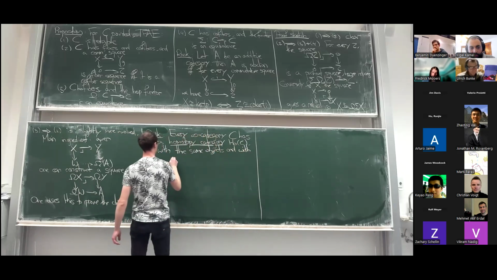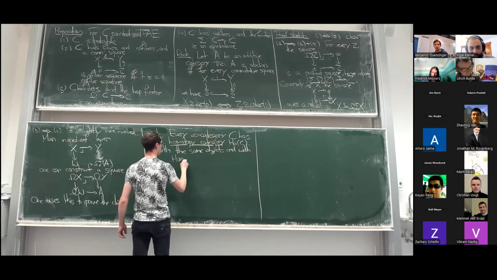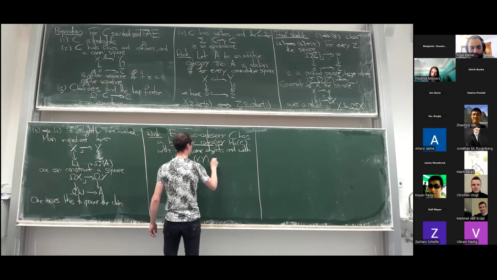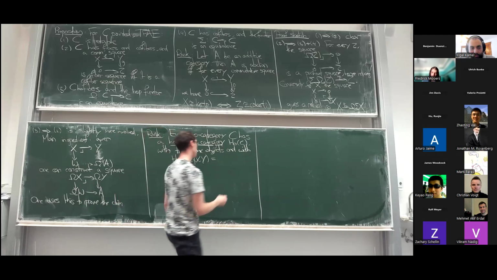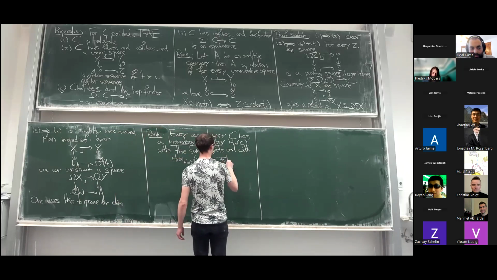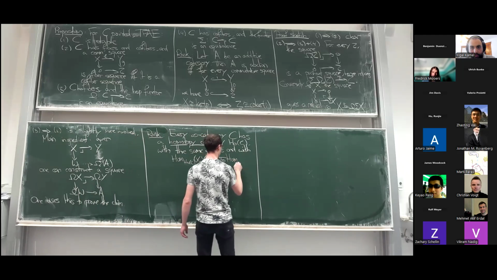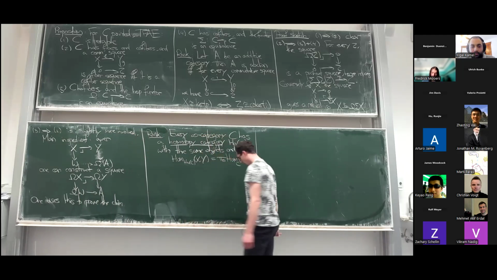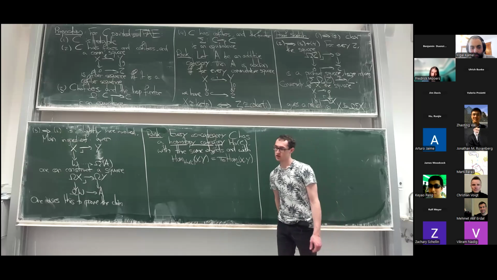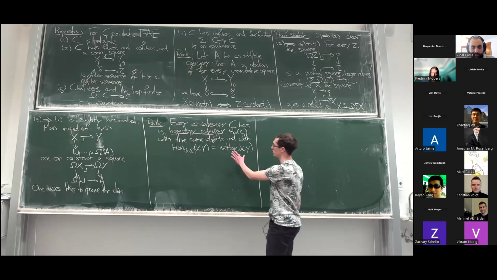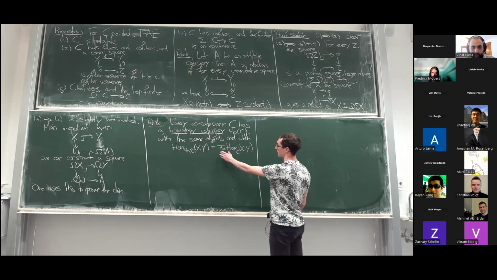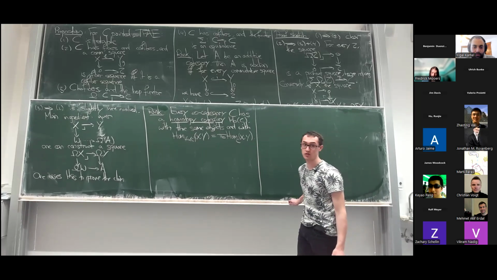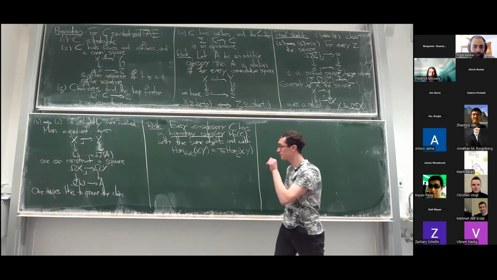But now the hom sets are going to be given by homotopy classes of morphisms in C. So the morphisms are also just morphisms from X to Y in C, except that we identify two morphisms if they are in the same path component of this topological space.